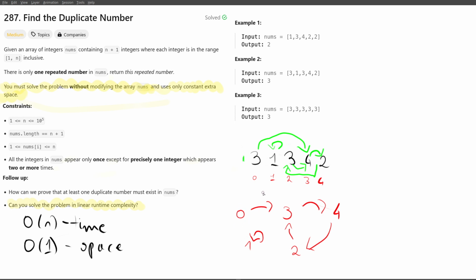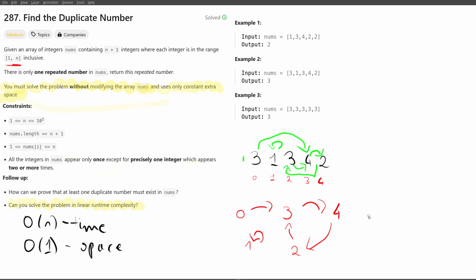Nothing is connected to 0 because our values are between 1 and n inclusive, so they do not include 0. And also, the answer to our query just so happens to be the vertex which has an in degree of more than 1.